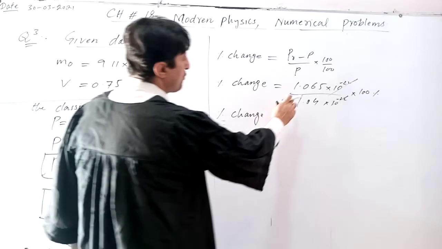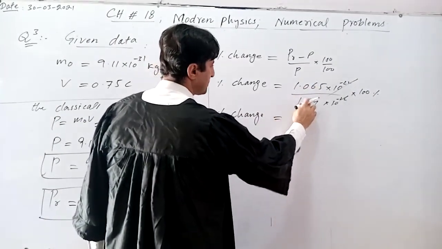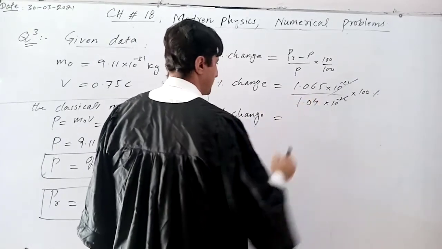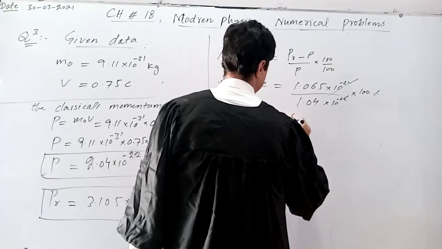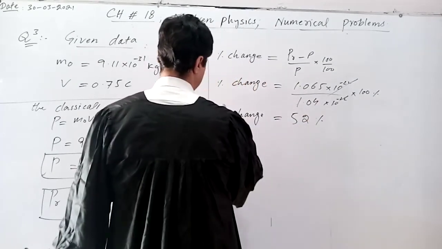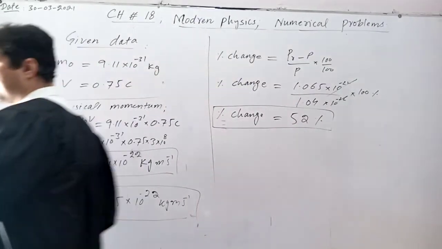Simply 1.065 divided by 2.04 multiplied by 100%, and you will get 52% approximately. This is the percent change in the momentum of the object.